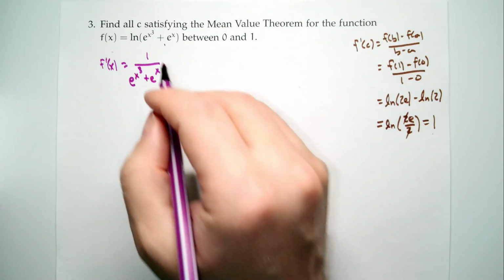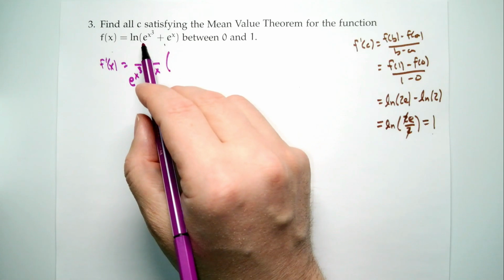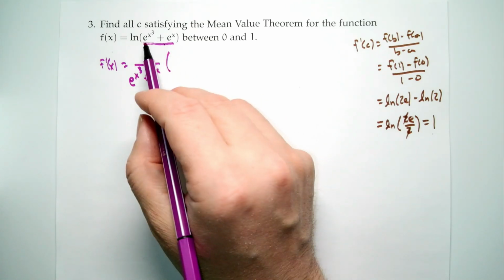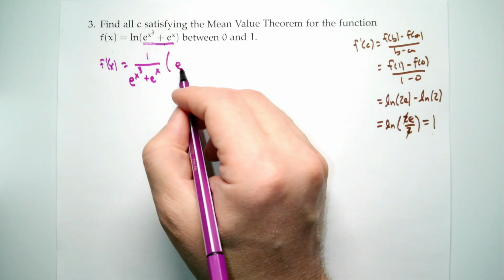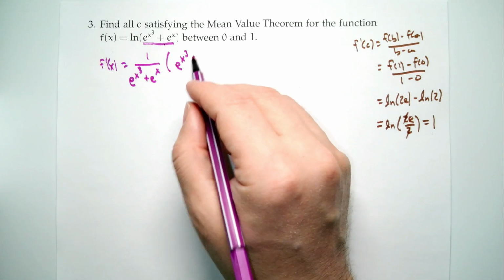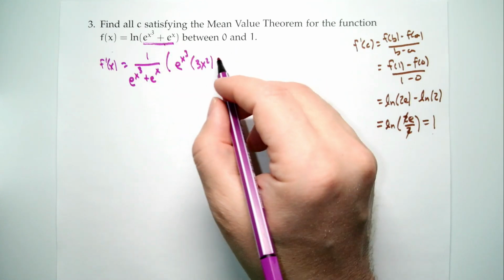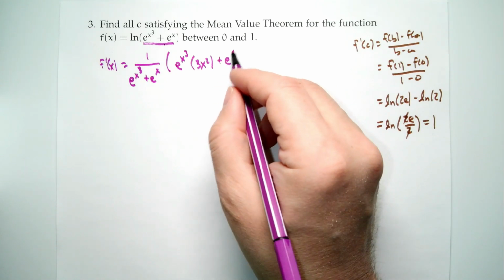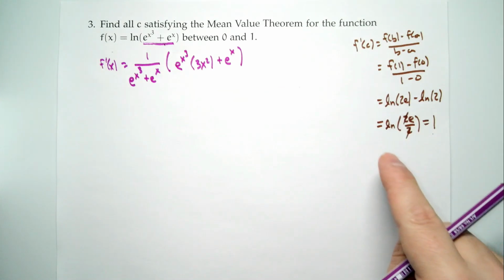And then you multiply it by the derivative of the inside. Well, the derivative of e to the x cubed would be e to the x cubed times the derivative of x cubed, which is 3x squared. And then the derivative of e to the x is e to the x. Okay, so there's our derivative. We're going to set that equal to 1.